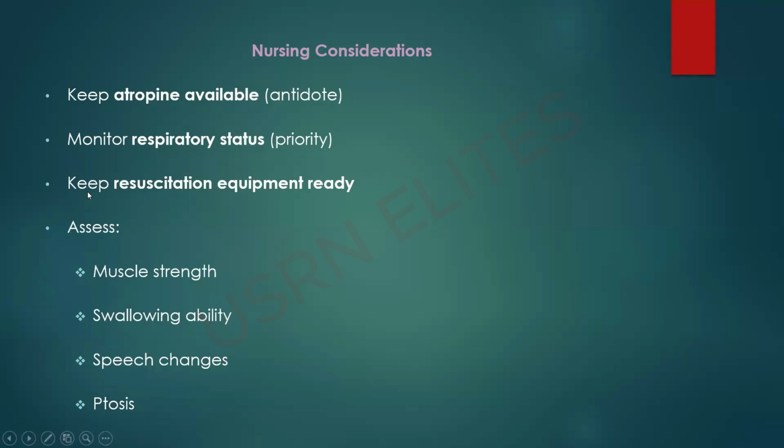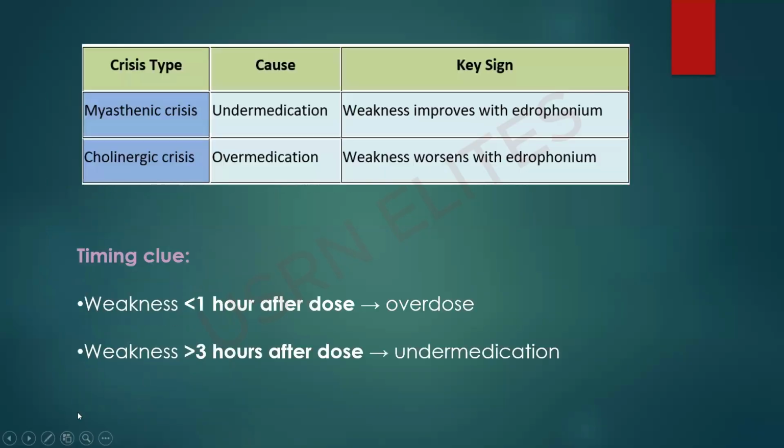Then keep resuscitation equipment ready so that you can use it when patient is not breathing. Assess muscle strength, swallowing ability, speech changes, and doses. So we've talked about this already.